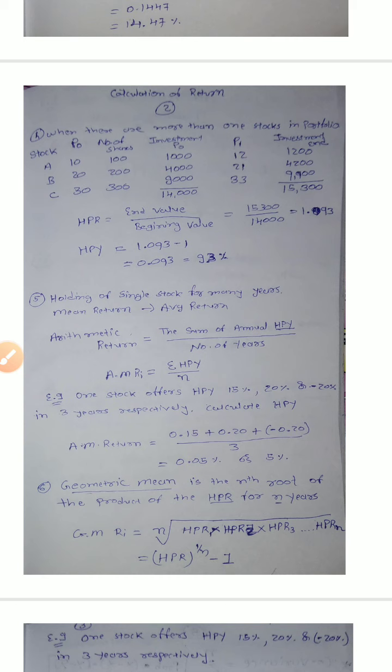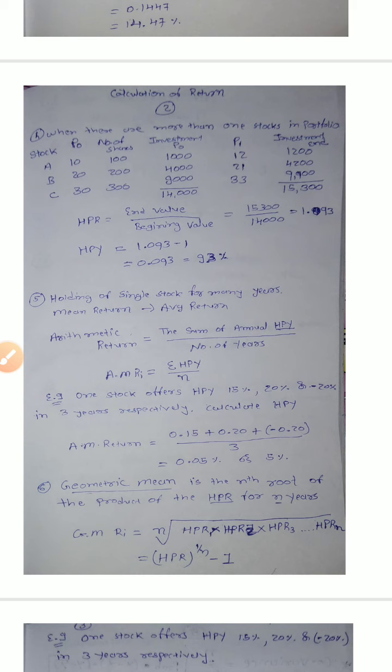So you invested at 10 rupees, 20 rupees, 30 rupees, and the number of shares are 100, 200 and 300. How does the investment amount come? Simple, it's your purchase price into the number of shares. So 10 into 100 comes to 1000, 20 into 200 comes to 4000, and 30 into 300 comes to 9000. So the total amount invested is 14,000.